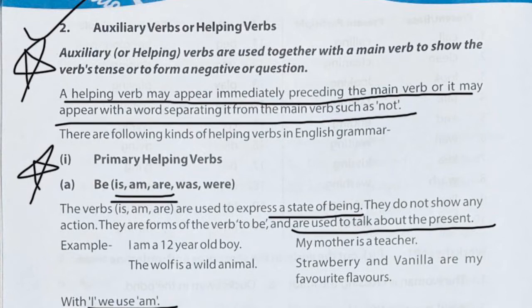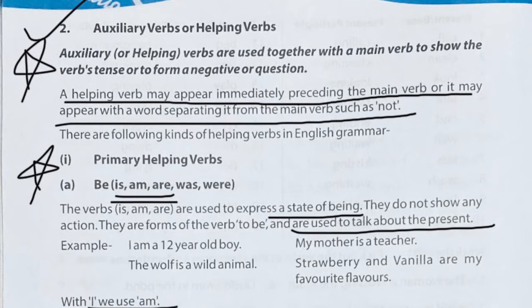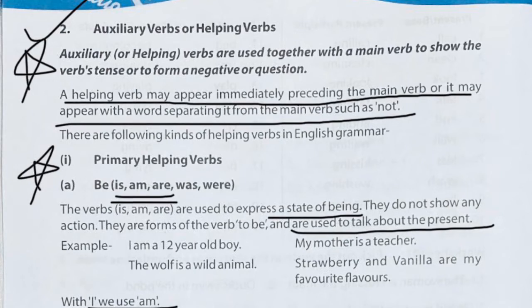So they help the main verb. They are used together with the main verb to show the time of the action, whether it is happening today, whether it represents the present time or the action happened in the past.